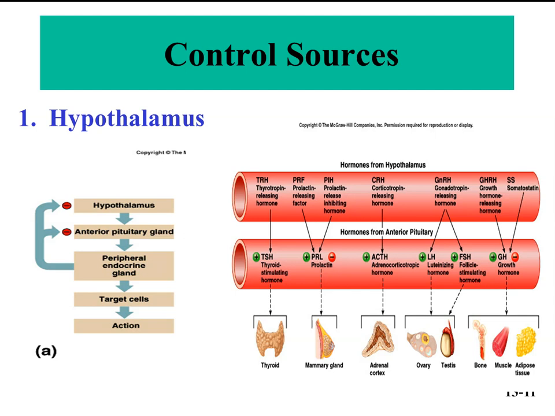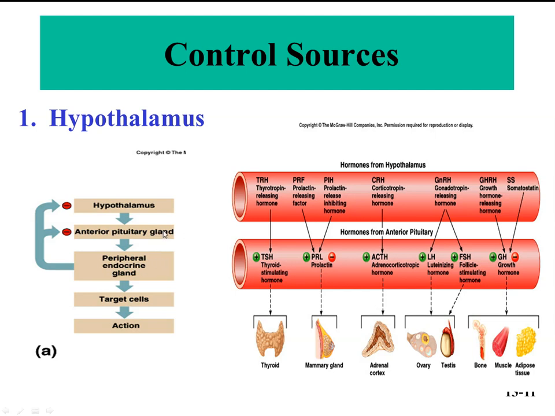The hypothalamus regulates homeostasis in your body. It does that in many ways, but when we're talking about the endocrine system, it controls the anterior pituitary gland, and we're going to look at the anterior pituitary gland in more detail shortly.